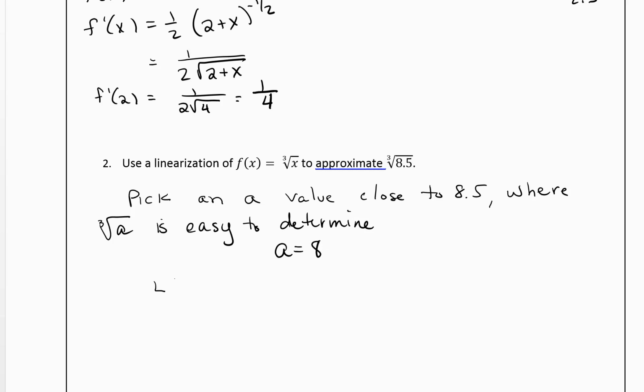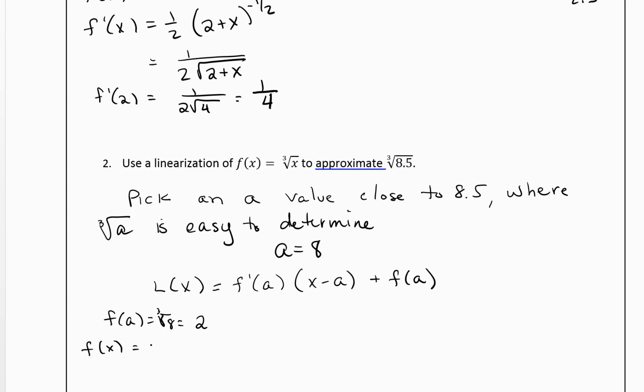So remember that our linearization is f prime of a times x minus a plus f of a. So our a is 8. So f of a, the cube root of 8, is just going to be 2. Now, if our function f of x is the cube root of x, that's the same as x to the 1/3.